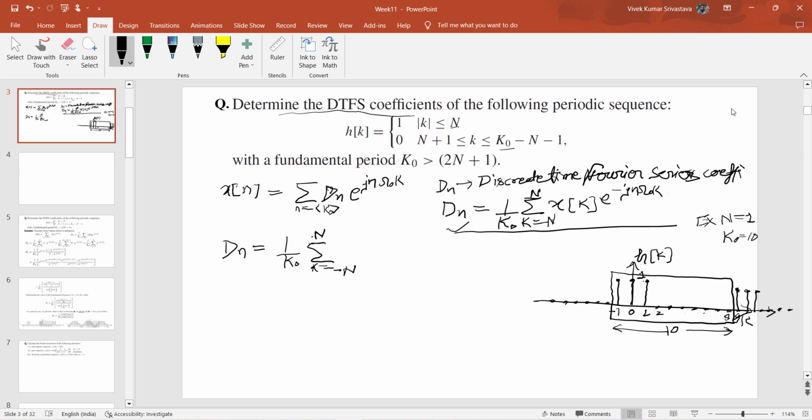It has a value of 1 in this interval, from minus n to n, and then e raised to the power minus j n omega naught k. And for other values of k, from k equals n plus 1 up to k naught, its value will be 0.